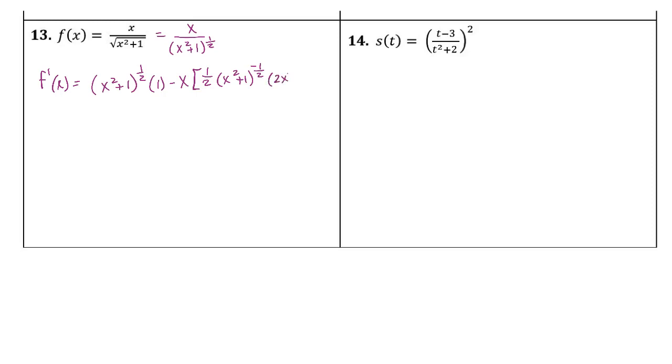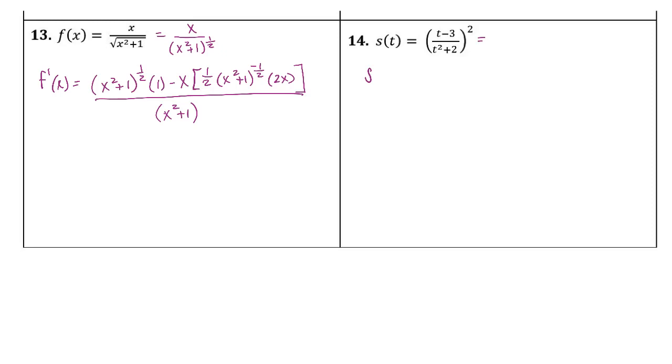Okay, and then that's all over the bottom squared. So we have x squared plus 1 if you square that square root. All right, and again, don't try to do much simplifying, just leave it like it is.